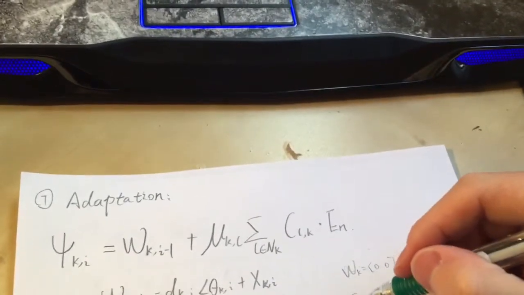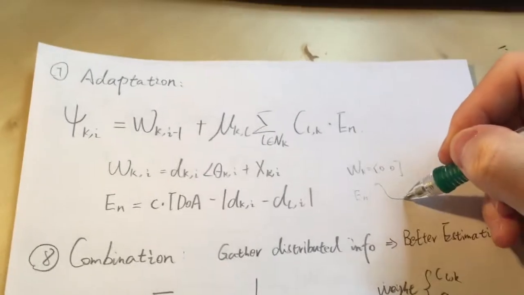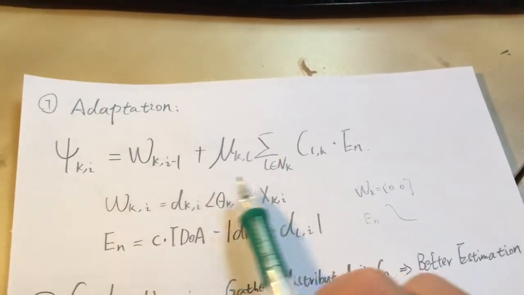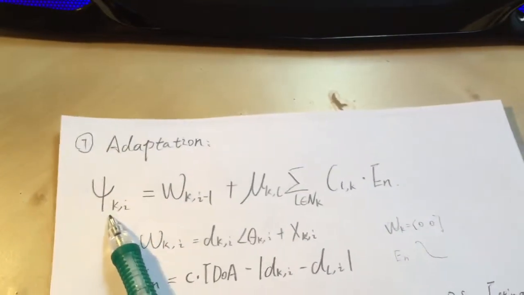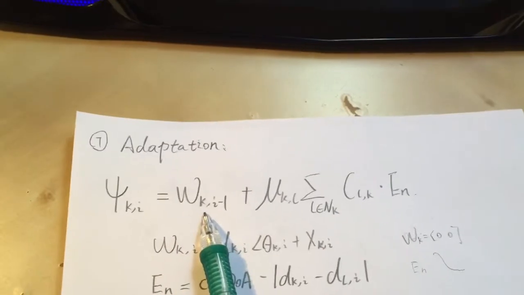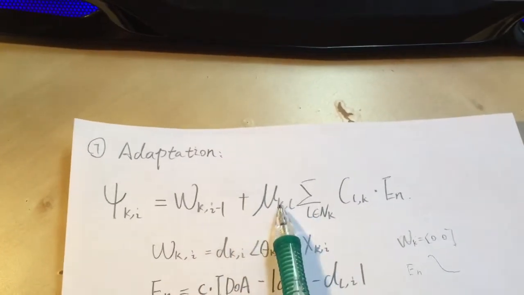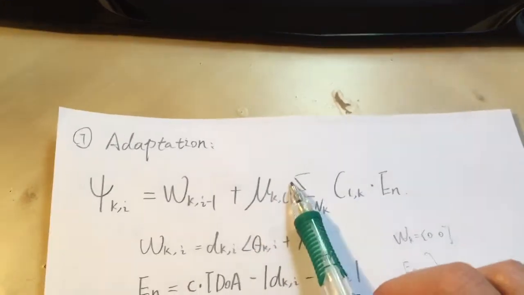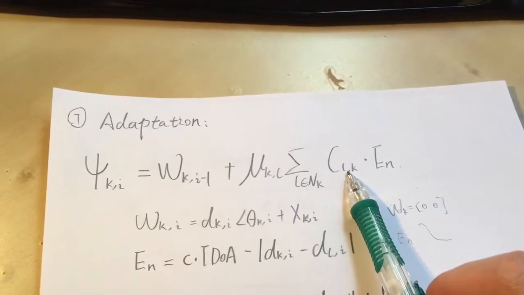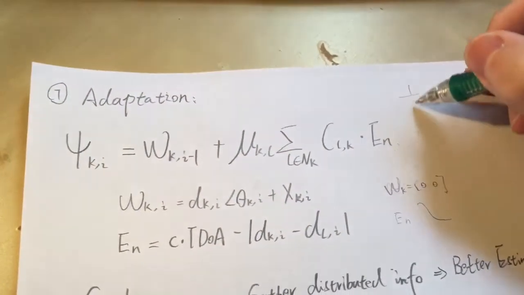So the error will go from very big to smaller values. This is the intermediate step, so we are using phi, whatever it is called. It equals the previous target location estimate plus the step size multiplied by the sum of the weights. Initially the weight will equal 1 over n.